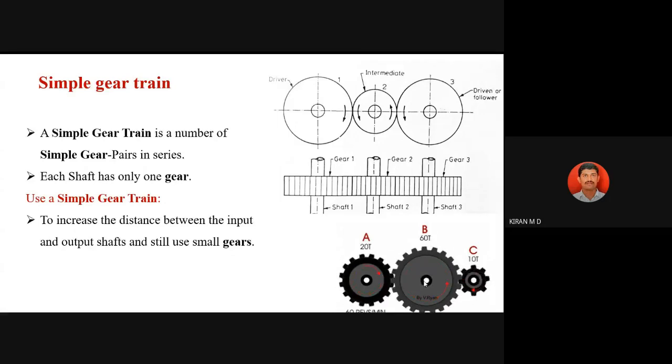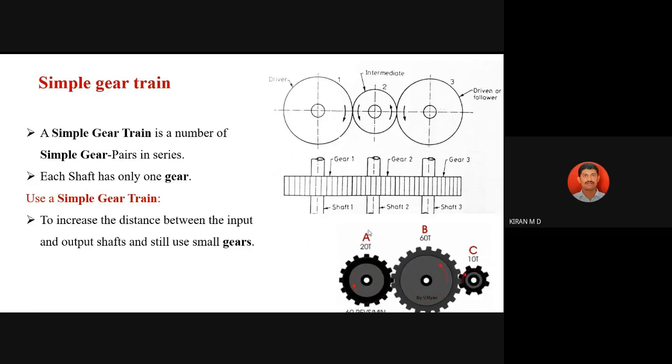Is it clear? Are you following? Yes, sir. Okay, if we increase the size of A and the size of C, what will happen? The sizes increase, so they become this much, and we also require more horizontal and vertical distance.